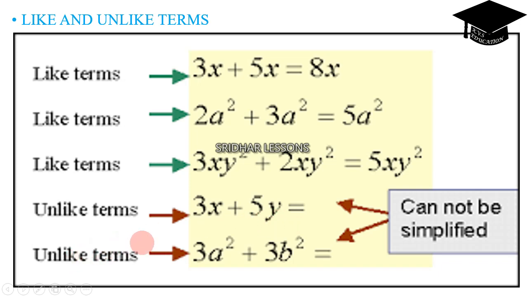Similarly, the unlike terms are 3a square plus 3b square. Like terms mean here we have x and x, a square and a square, xy square and xy square, with the same power also. And unlike terms are where we have x and y. They cannot be simplified. Here we have a square and here we have b square.